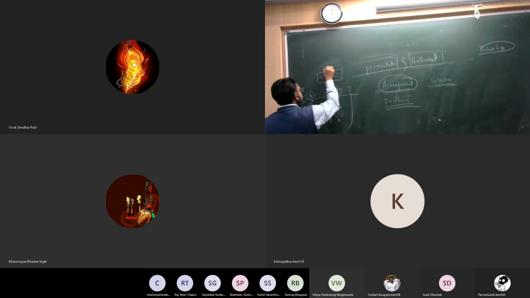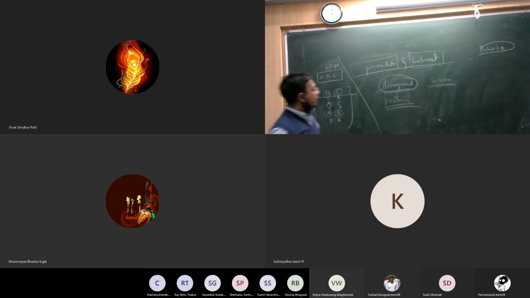We can say three things; it could be balls, colors, it could be anything. So using these three things, we can arrange manually and see that six arrangements are possible. Whenever this kind of arrangement question is asked and we need to arrange particular things, we have to consider the position.